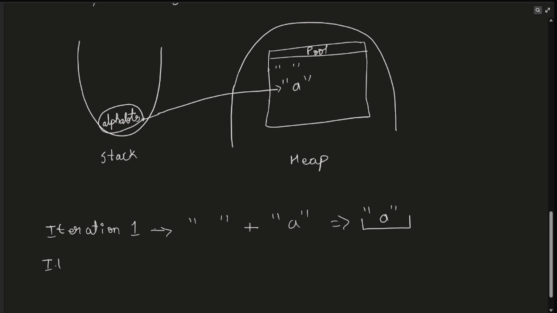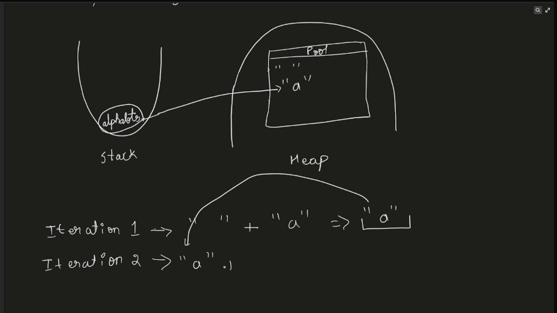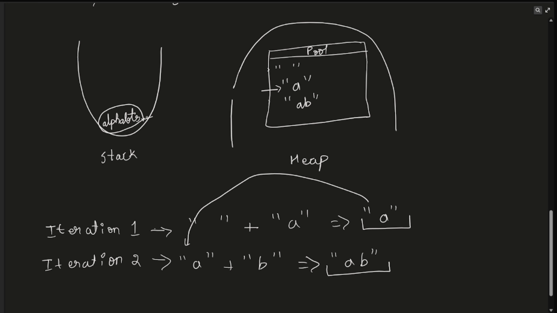And in iteration 2, it takes the alphabet value A, plus this time it adds the next alphabet value B, which equals AB. And after iteration 2 completes, this object goes into the heap string pool as AB, and the current pointer will be removed and alphabet will point to the newly created object.